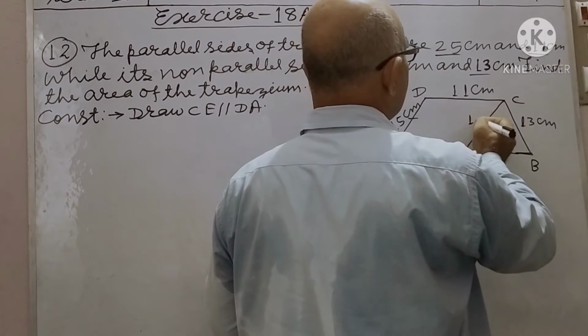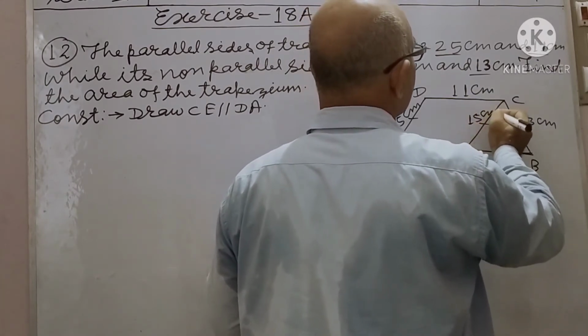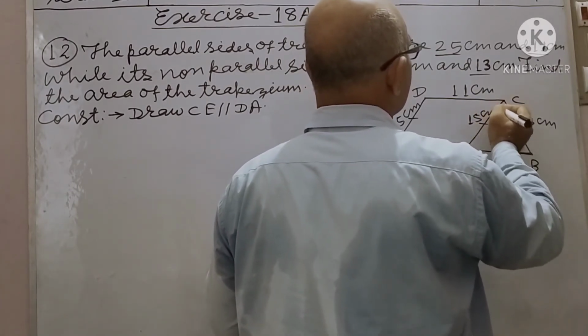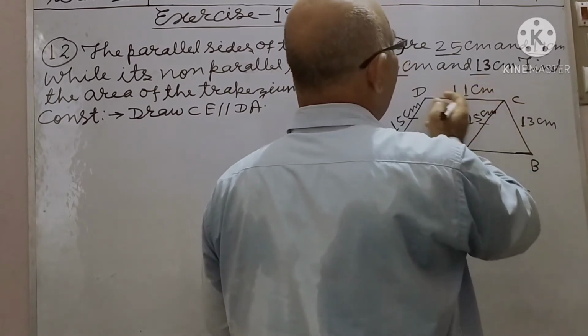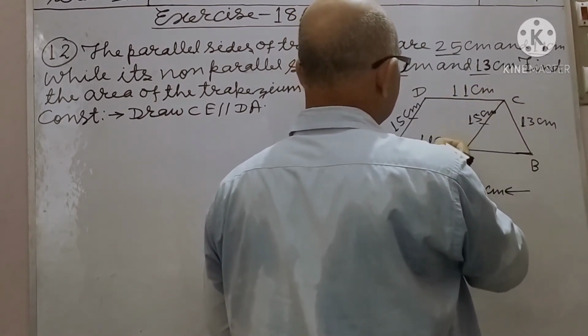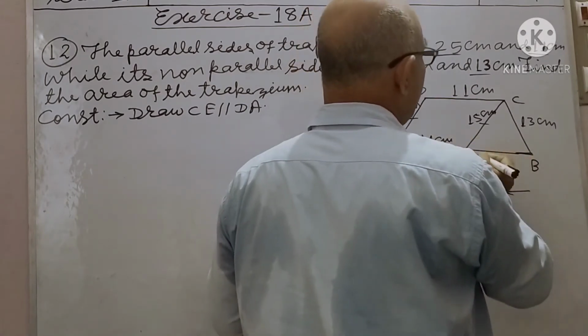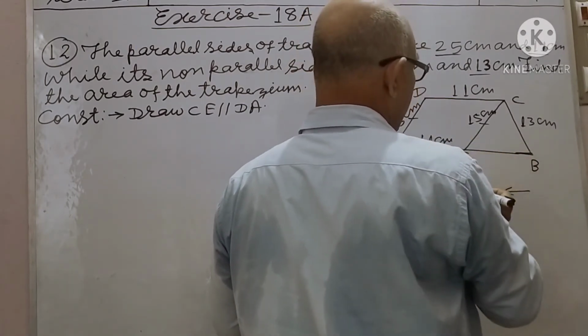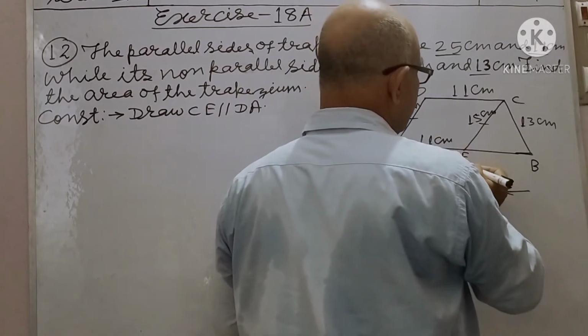It is 15 cm. And CD equals AE, 11 cm. So EB equals 25 minus 11, 14 cm.